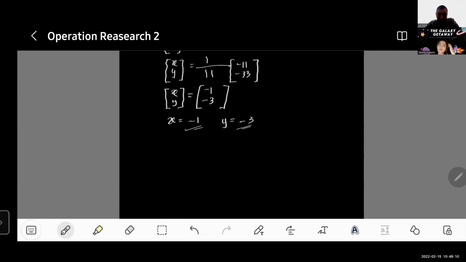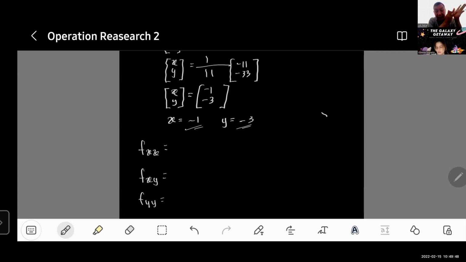So the second derivative is, okay, make the Hessian matrix first. So fxx, fxy, fxy, and fyy.